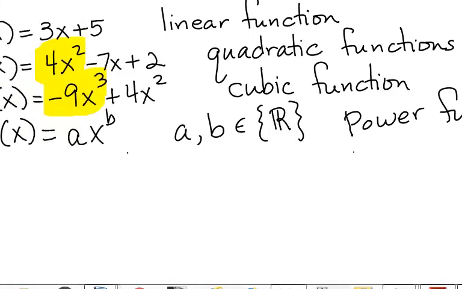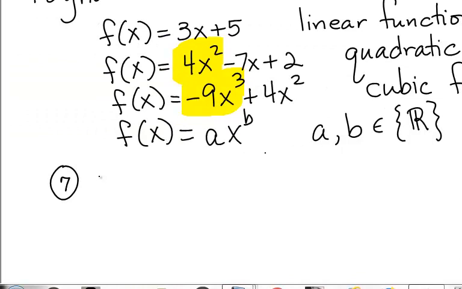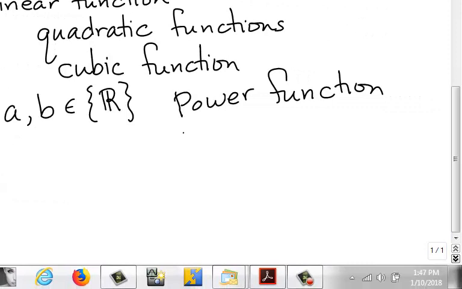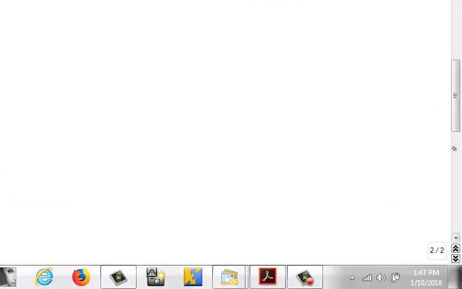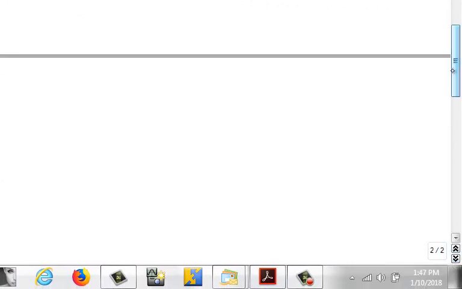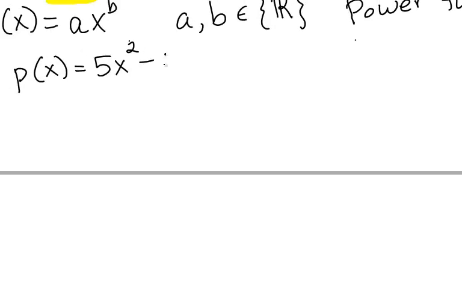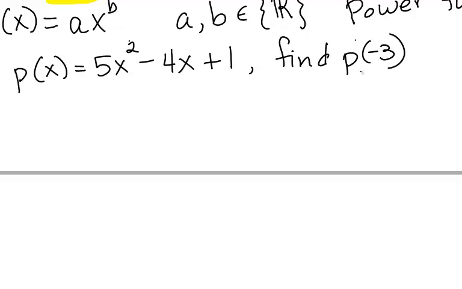The author will also give you some problems like this on functions. If p of x equals, and a lot of times they switch it, instead of writing f of x, they write p of x for polynomial function, 5x squared minus 4x plus 1, and say they ask you to find p of negative 3.